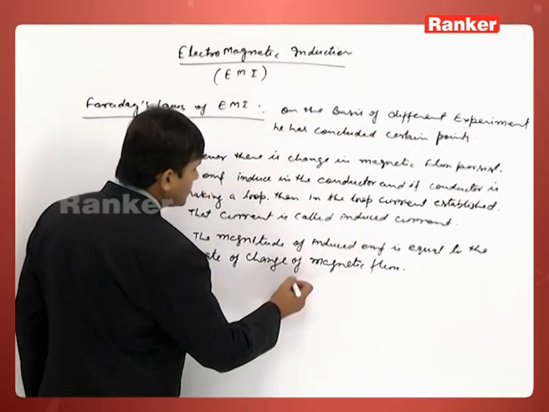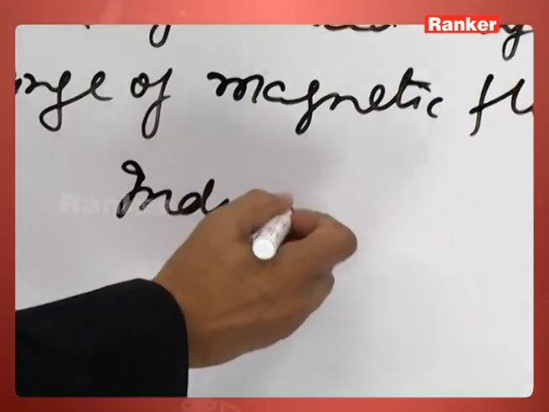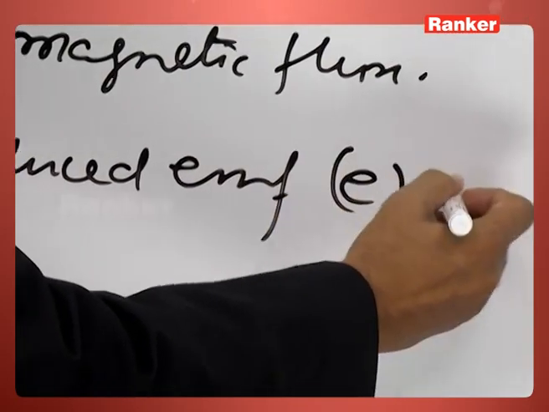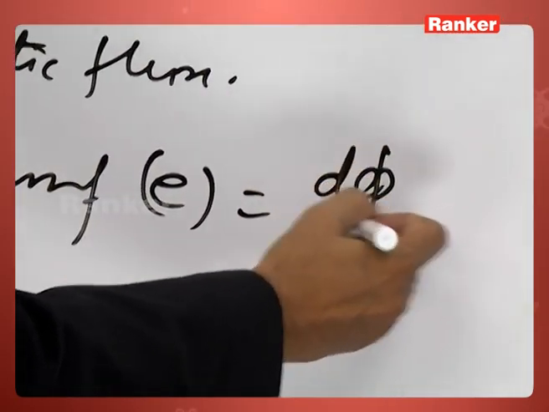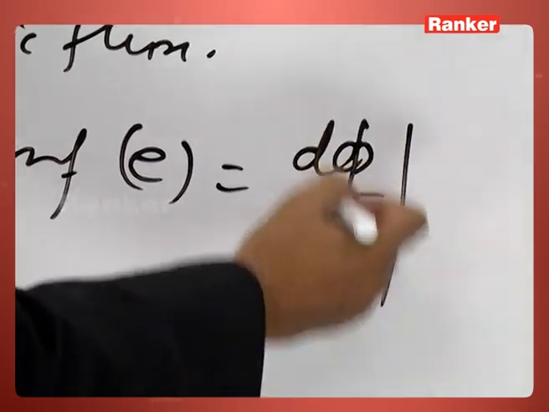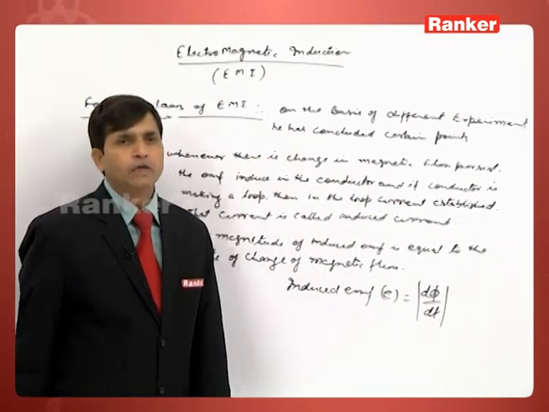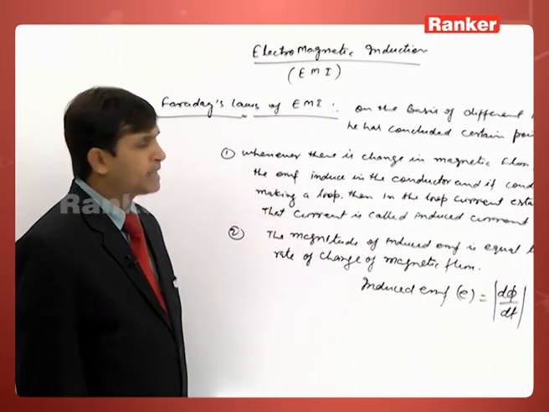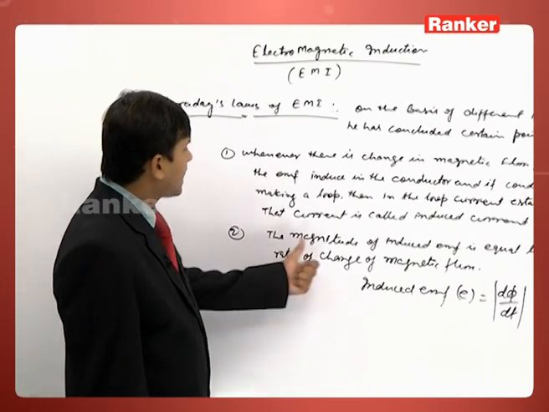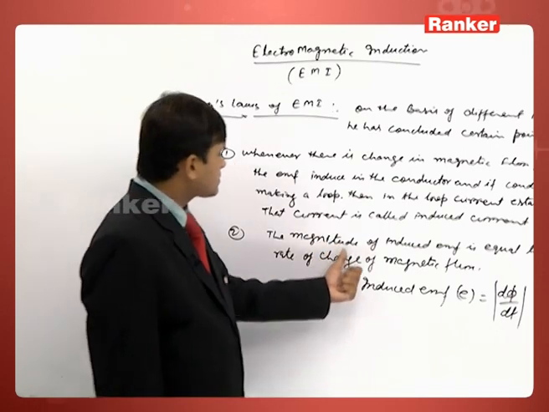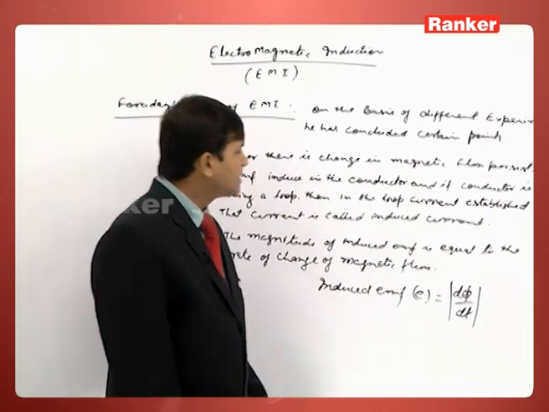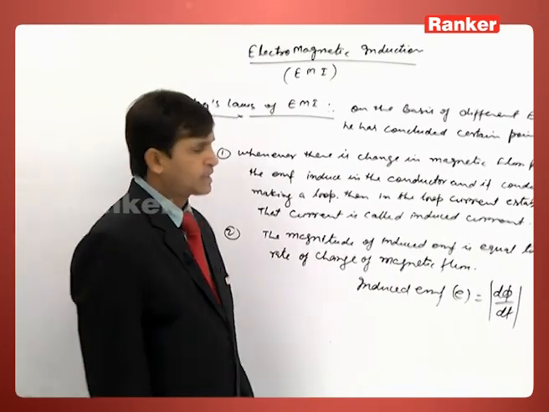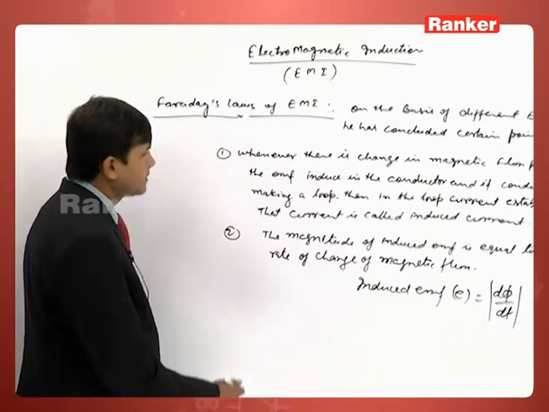It means induced EMF, E, is written as modulus of d phi by dt. Here we are using modulus. Later on we will discuss the polarity and direction. So the magnitude of induced EMF is equal to the rate of change of magnetic flux. This is the second point he has given.